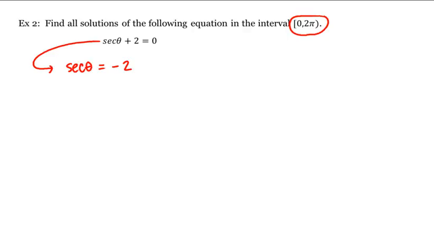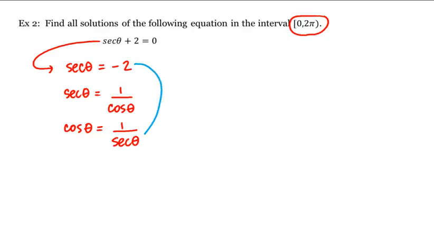Now remember that secant of theta is equal to 1 divided by cosine of theta, or cosine of theta is equal to 1 divided by secant of theta. And therefore, if secant of theta is equal to -2, then we're looking for angles theta such that cosine of theta is 1 divided by -2, or -1/2.